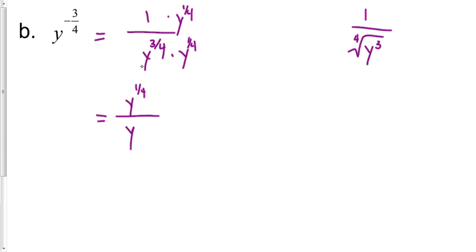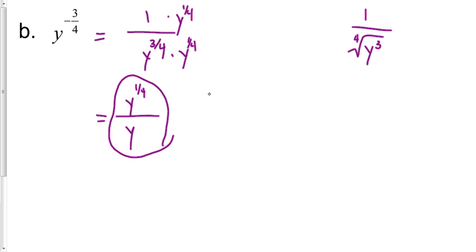Keep the common base, y, add up the powers, you get y to the 1st. Now I've rationalized the denominator, and remember we need to do that because we can't leave roots, radicals in our denominator, and for that reason we can't leave rational powers in our denominator, so you need to rewrite it so that the denominator has a whole number for its power.